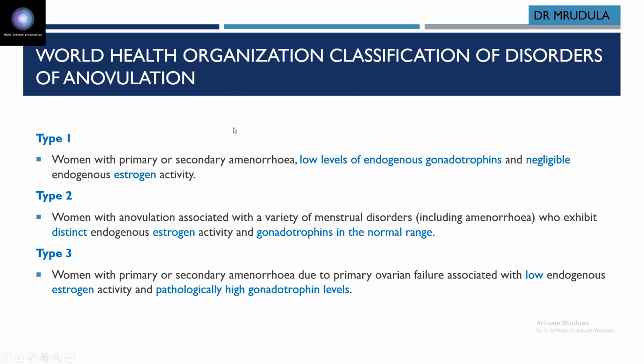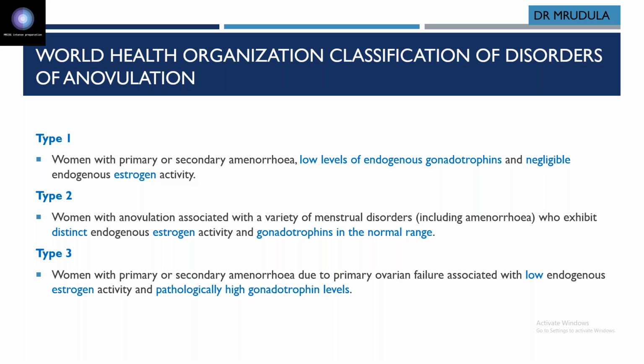So according to WHO, the ovulation disorders are classified into three types. Type 1, where gonadotrophin levels are low and estrogen levels are also low. This is mainly because of either hypothalamic or pituitary dysfunction, that is central dysfunction of the HPO axis. Type 2, where the gonadotropins and estrogen levels are almost normal.